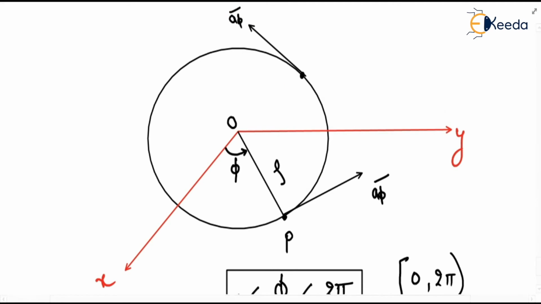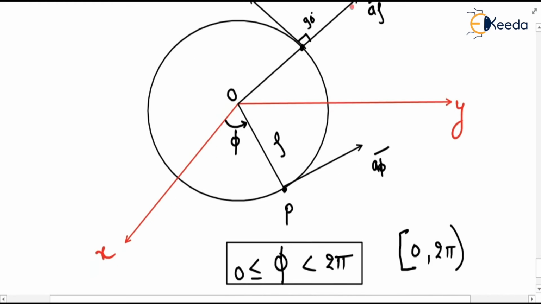Obviously, a rho will be perpendicular. If I draw a rho at this point, the rho vector is in this direction. So this angle will be 90 degrees, because it is an orthogonal system, and in an orthogonal system vectors are perpendicular to each other.